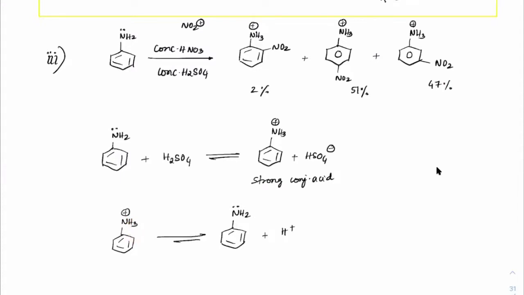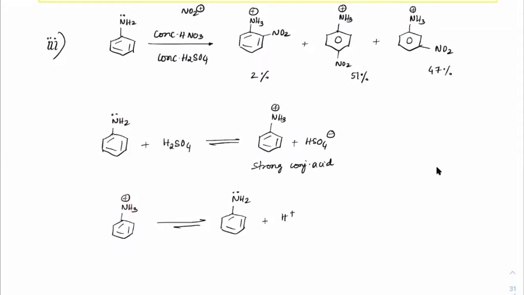So because it gives strongly minus A effect, the percentage ortho is very less. Okay. And percentage meta has significantly increased. So please remember this case, why meta product is quite significant in here. Yes, beta, because totally this is a larger quantity, right, initially. So as it reacts, more amount of anilinium ion will form. Okay.